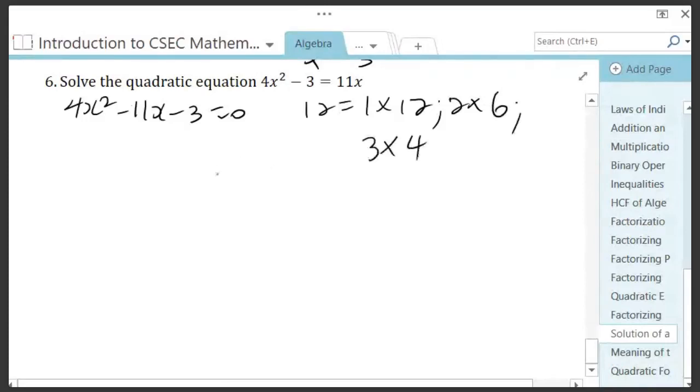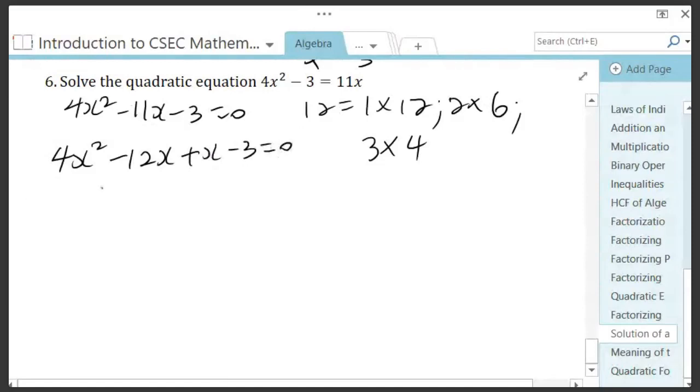Now notice here that we could say minus 12 plus 1 and get minus 11 and maintain an even number of negative signs. So 4x squared minus 12x plus x minus 3 is equal to 0.